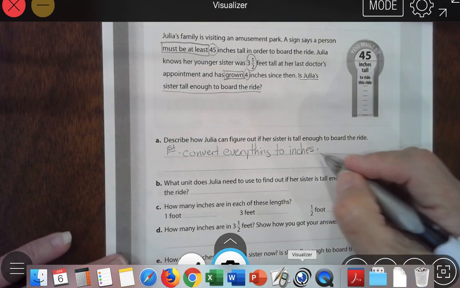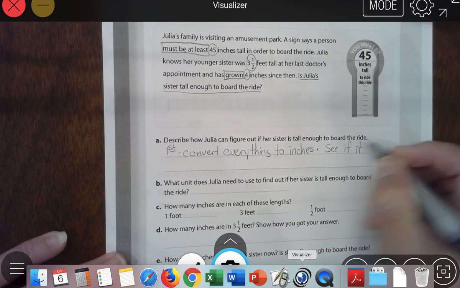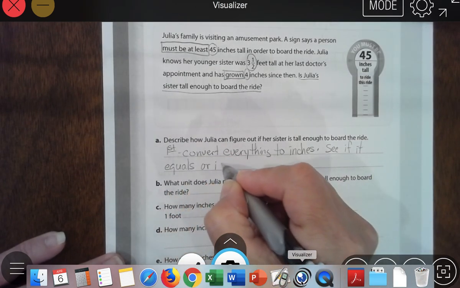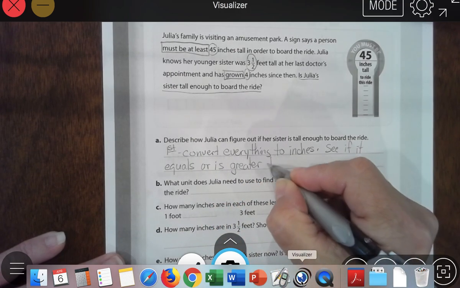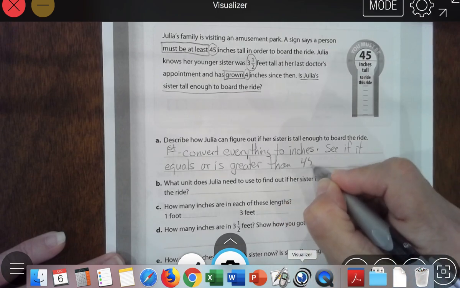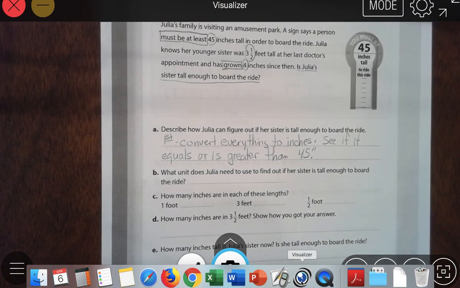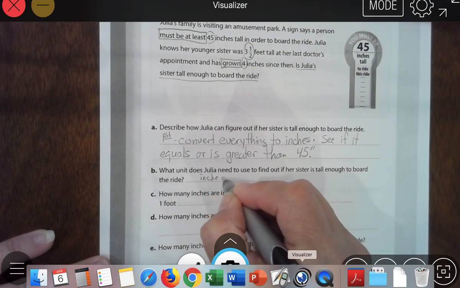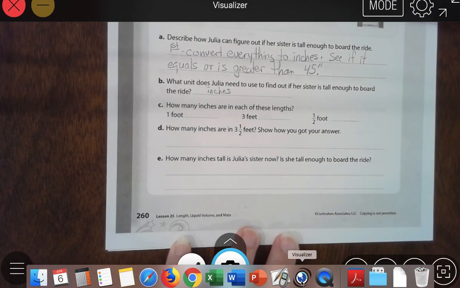Then, after we do that, we have to see if it equals or is greater than 45 inches. Okay. What unit does Julia need to use to find out if her sister is tall enough to board the ride? Well, we've already said she needs to find inches. And let's see, how many inches are in each of these lengths?